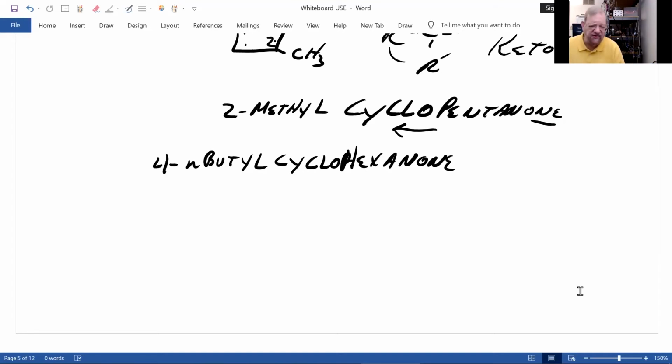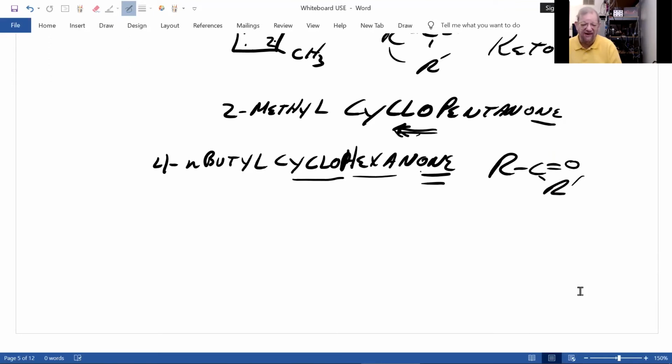How do you decode this? You start from the right, move left. O-N-E-N-D, ketone. Hexane, 6 carbons if this were an E, but cyclohexane, it's a ring. And it's a ketone. You have a carbon double bonded to the carbon in the ring.